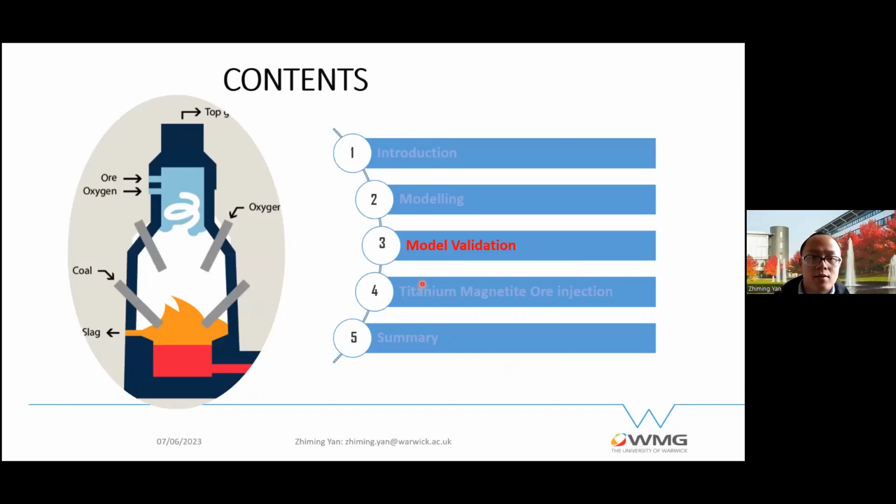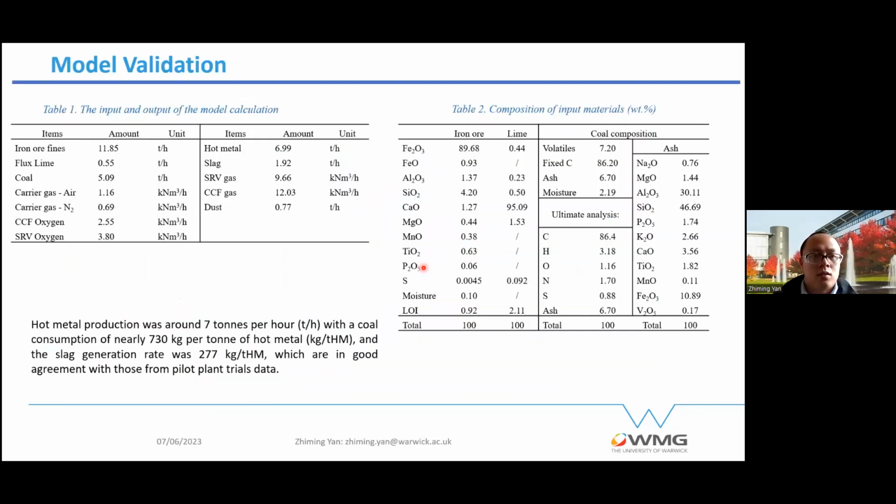Then the third part is the model validation. First, Table 1 shows the input and output of the model calculation. So this is the data we used for the model simulation.